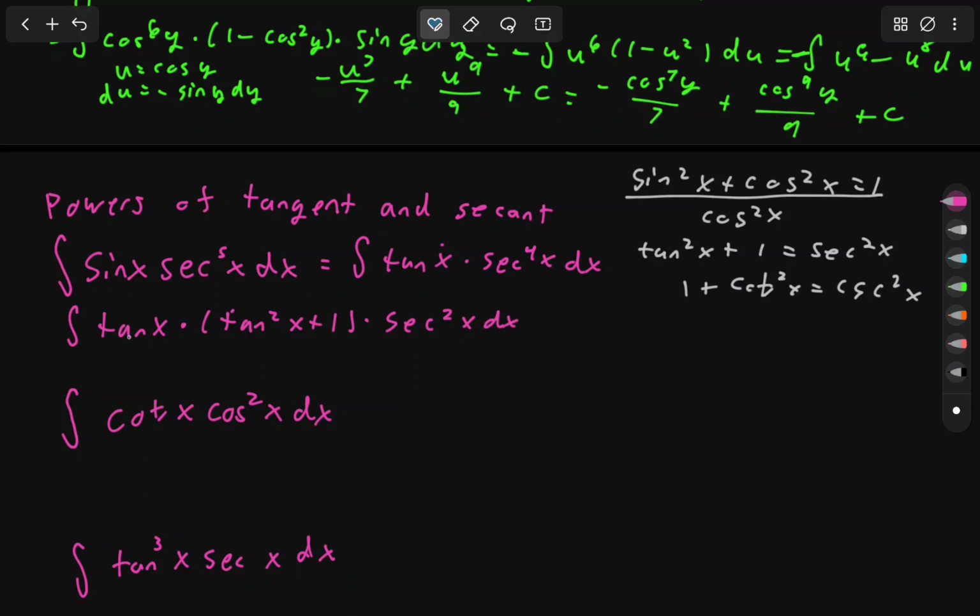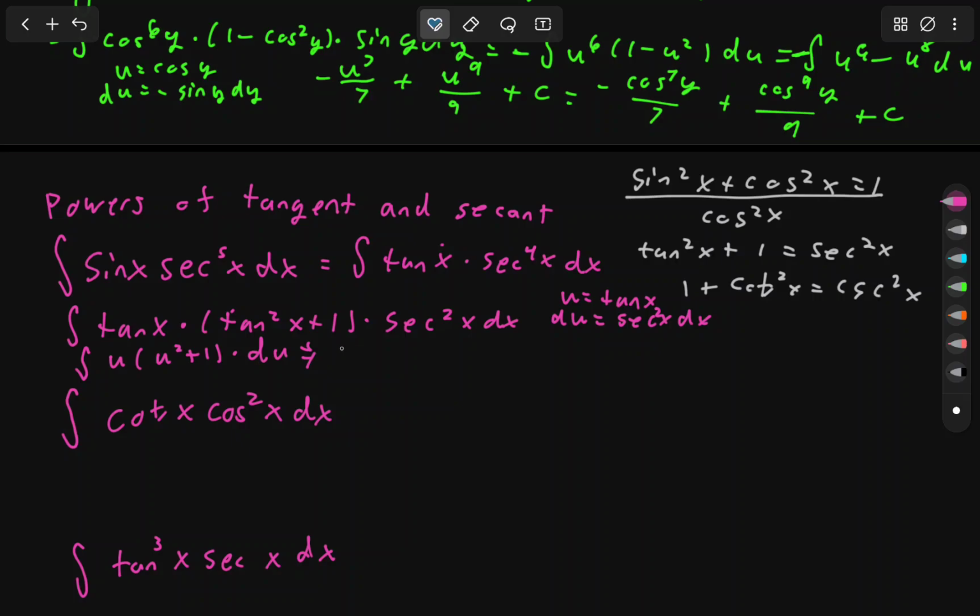The derivative of tangent of x is secant squared of x. So now we can use u substitution. So u is going to be tan of x, or du is secant squared of x dx. And even though I'm not going to show the step for solving the differential dx, that's what we're really doing and subbing that in. So this expression here becomes the integral of u times u squared plus 1 times du.